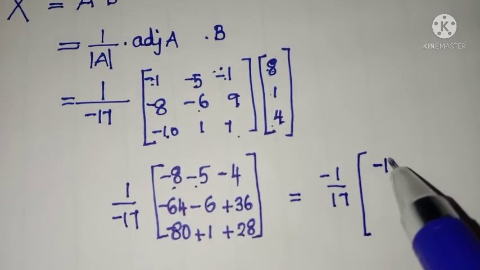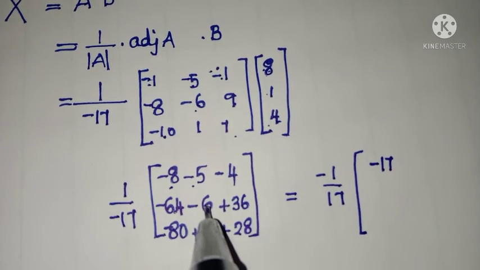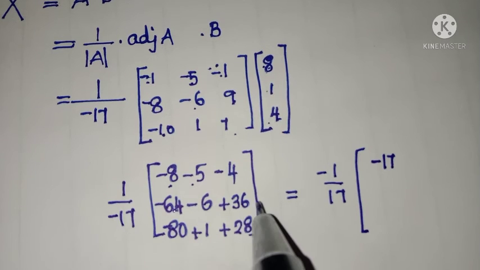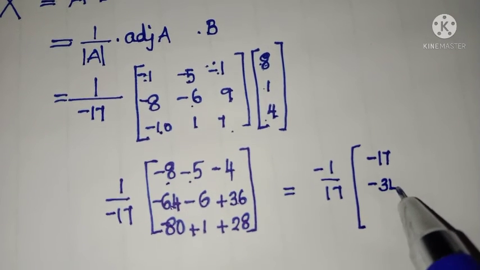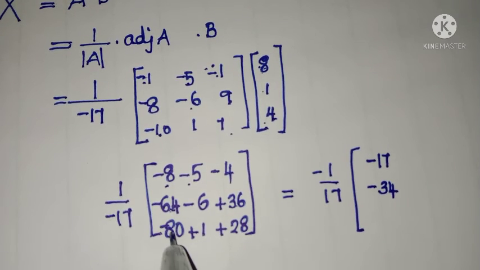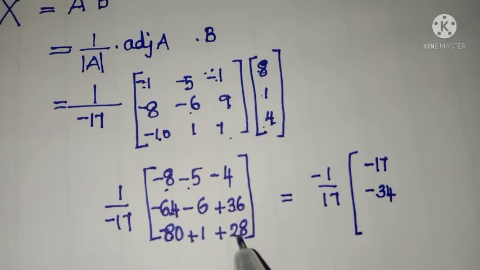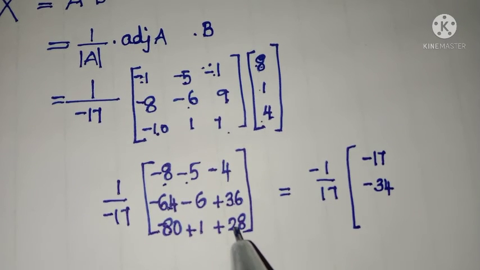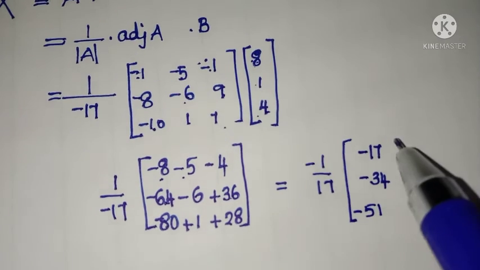It is minus 17. Minus 64, minus 6, it is minus 70. Minus 70 plus 36 gives minus 34. Minus 80 plus 1, minus 79. Minus 79 plus 28 gives minus 51.